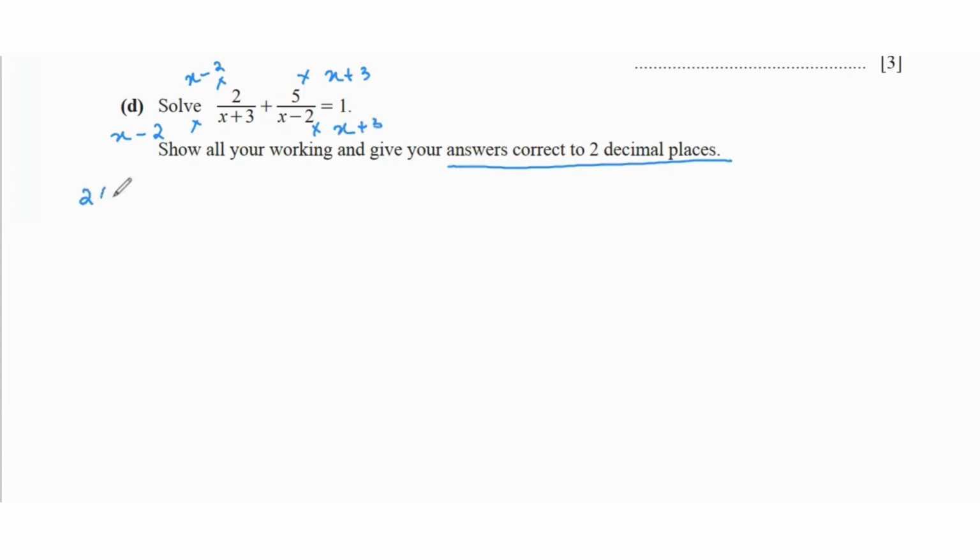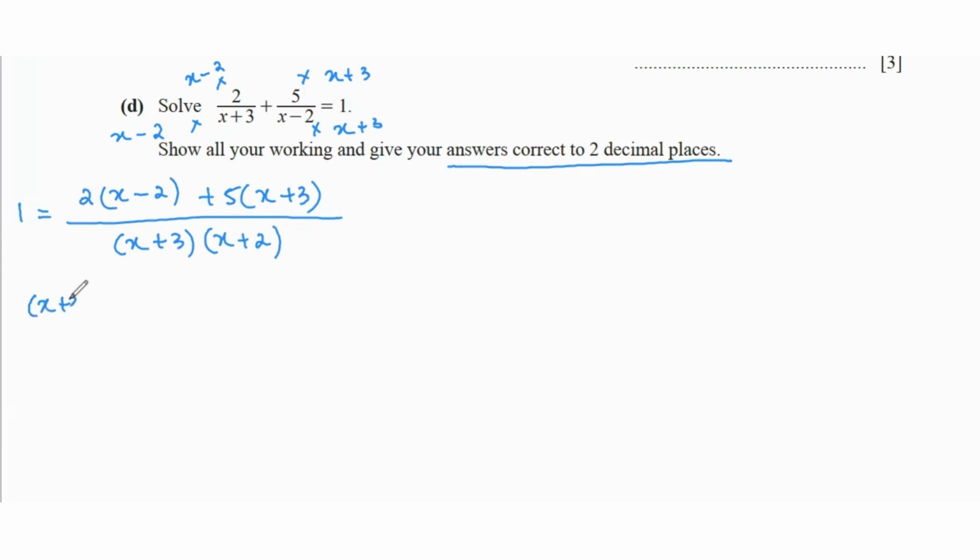So that's going to be 2 times x minus 2 plus 5 times x plus 3 over x plus 3 times x minus 2, and that equals 1. So cross multiply: x plus 3 times x minus 2 equals 2x minus 4 plus 5x plus 15. Expand the bracket.